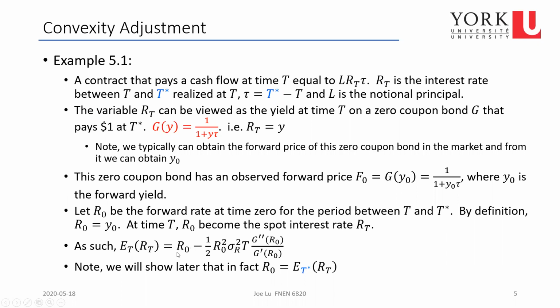So from the forward price of the zero coupon bond, we're able to obtain this R naught. And then, because we know the functional form, we can calculate the first and the second derivative here. Then we can plug in that particular formula. So we will then have an adjusted value for us to use.